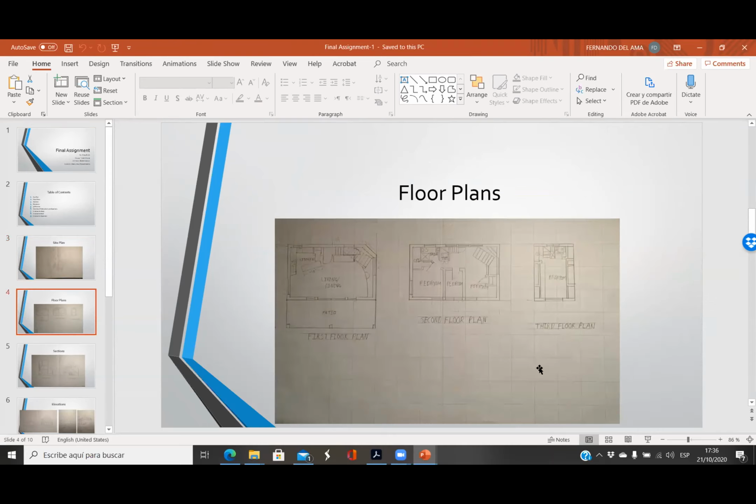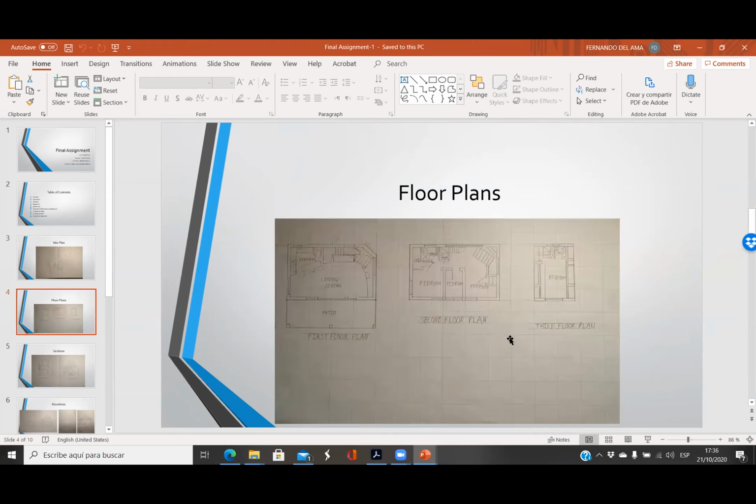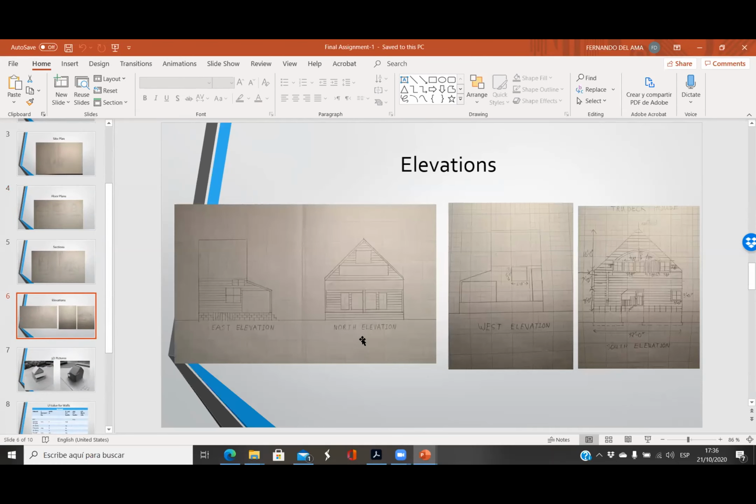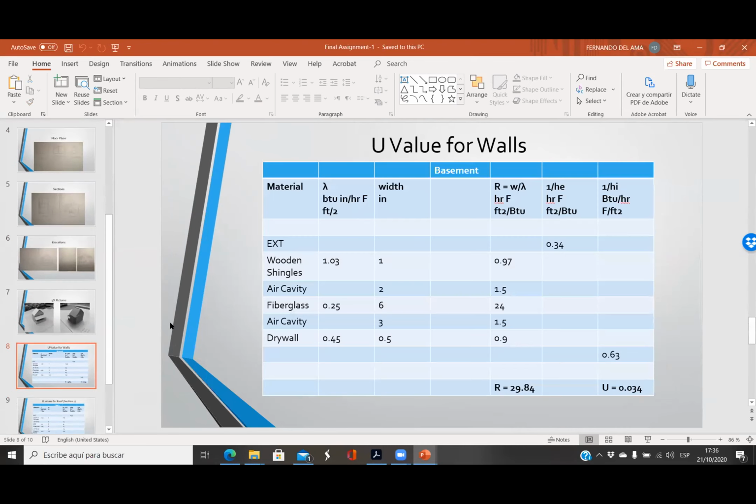For the floor plans, again, we need the north side. Do we have a north? Yeah, well, it's here. We need the same north arrow here on the floor plans, and we need a graphic scale. Okay, you have dimensions here, that's good. And you have a 3D picture, great. A 3D model, I mean a physical model.